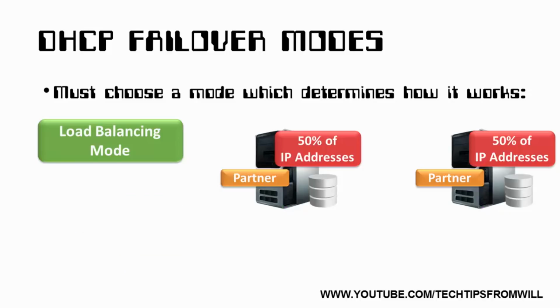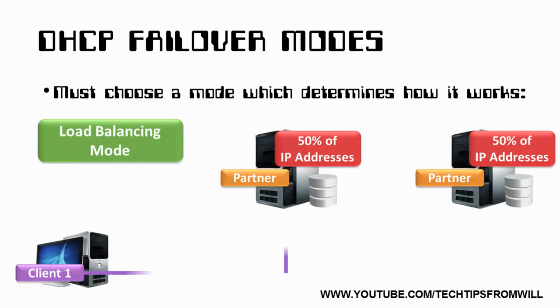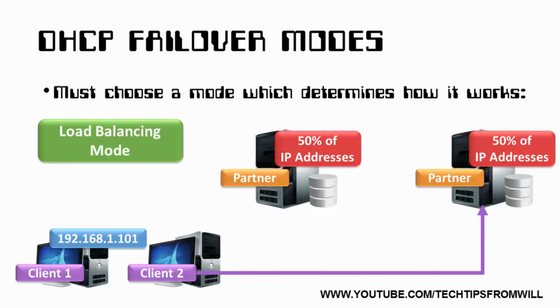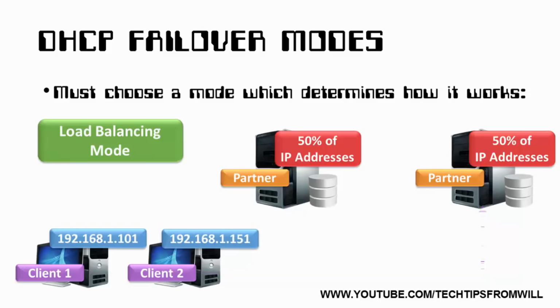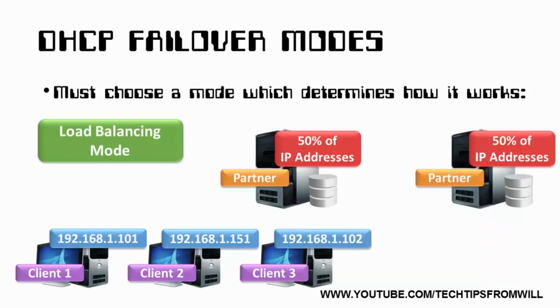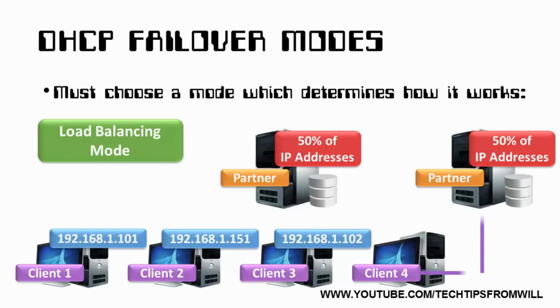In other words, the first client will contact the first DHCP server, and the second client will contact the second DHCP server. The third client will contact the first server, and the fourth client the second server, so on and so forth. Of course, you are free to amend the 50-50 ratio so that one partner receives the bulk of the workload if you wish.